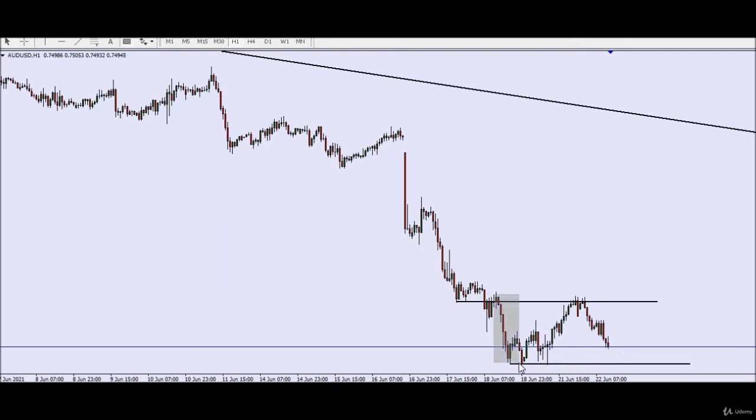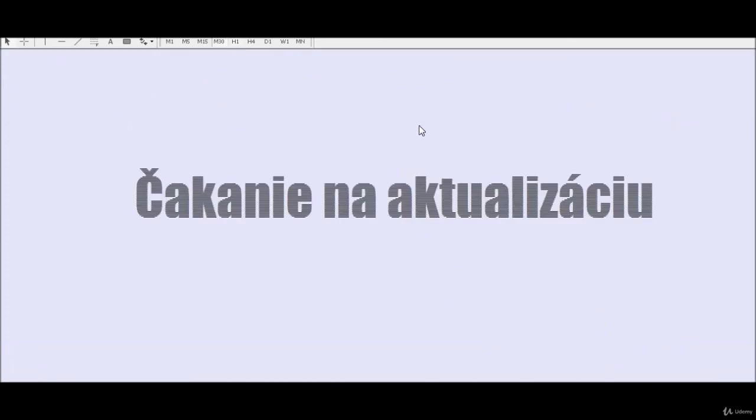Here is a big move, as you can see, so this can be another supply zone, so be careful there. And now that's it with the levels on this time frame.